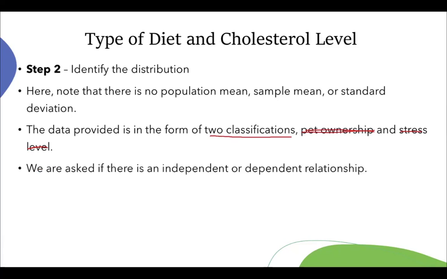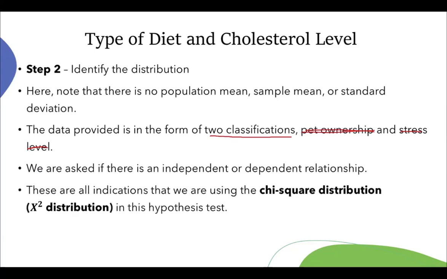We're asked if there's an independent or dependent relationship. These are all flags, all indications that you are using the chi-square distribution in this hypothesis test. Okay, so you can either write chi-square like this, or you can use the symbol chi-square like that. And so that is the distribution.